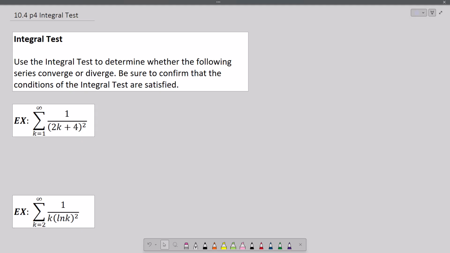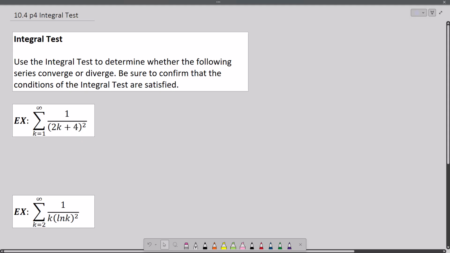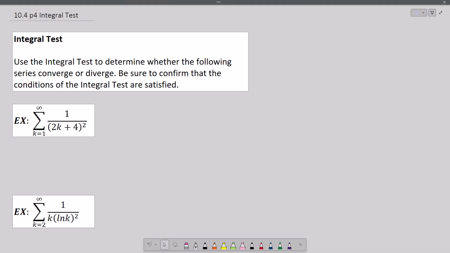Carry on. Dig deeper. So the integral test works only if this summand is integrable. There's going to be a whole bunch of series that we end up looking at where you look at the summand and you can't integrate it, so the integral test is thrown out the window.